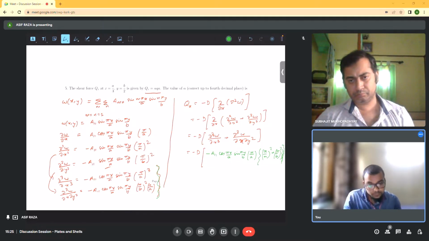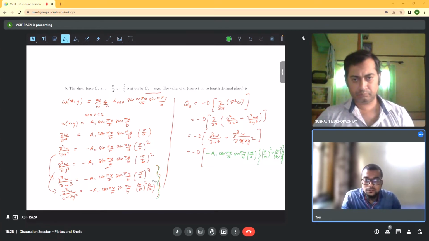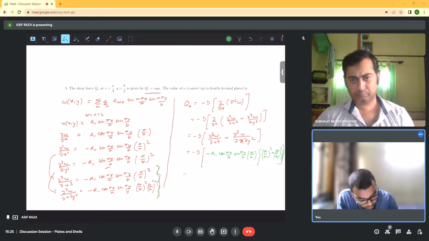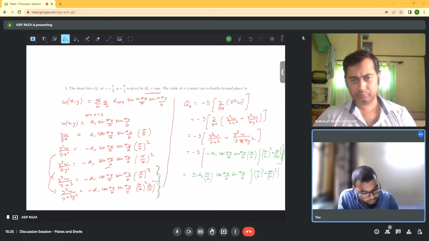So this will be resolved as D a11 (π/a) cos(πx/a) sin(πy/b) times the term (π/a)² plus (π/b)², right?